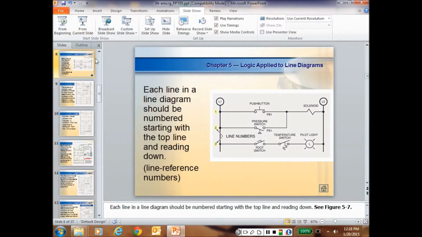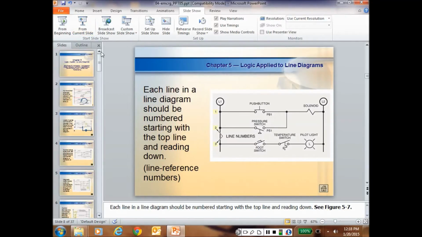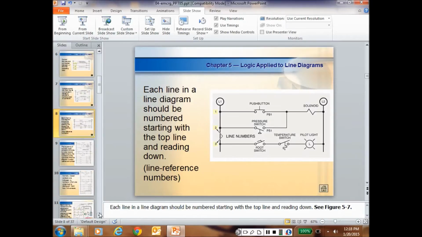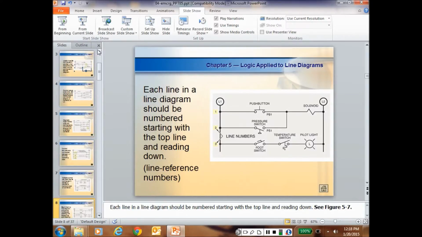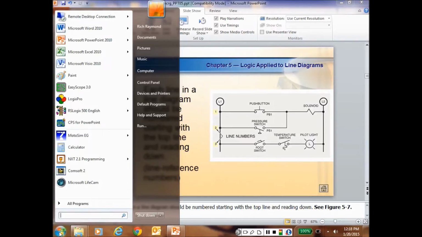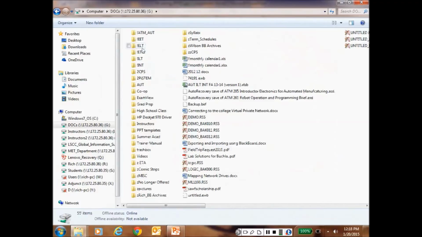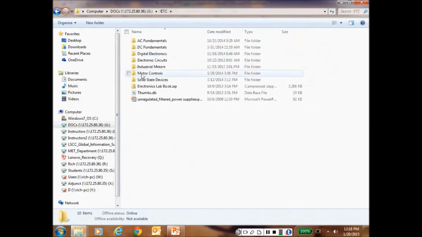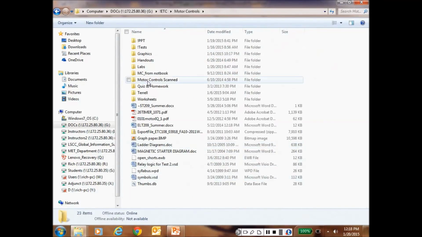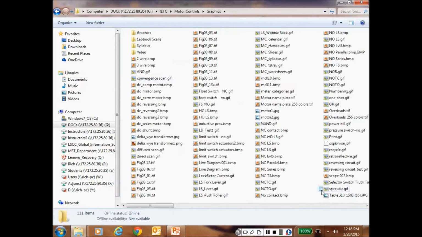So when I go back to this big old US Steel print, which is a true print, a true ladder diagram, I need to pull it in here. We could see all those line numbers.